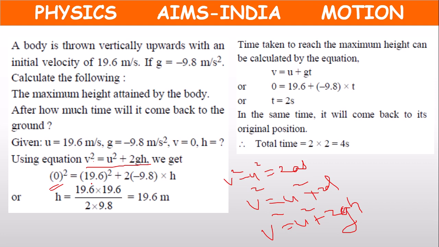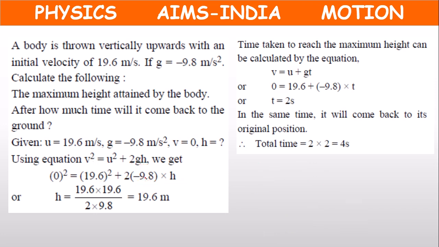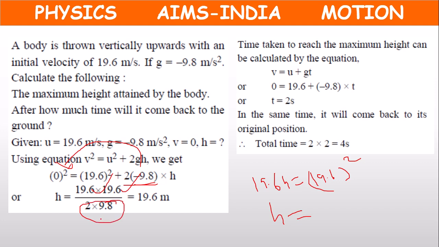V is 0, U is 19.6, 2 into minus 9.8 into H. 2 into minus 9.8 will become minus 19.6. If it goes towards left hand side, we will get 19.6H equal to 19.6 whole square, or H equal to 19.6 into 19.6 by 19.6. One 19.6 cancels, another 19.6 will remain. So this is the maximum height.